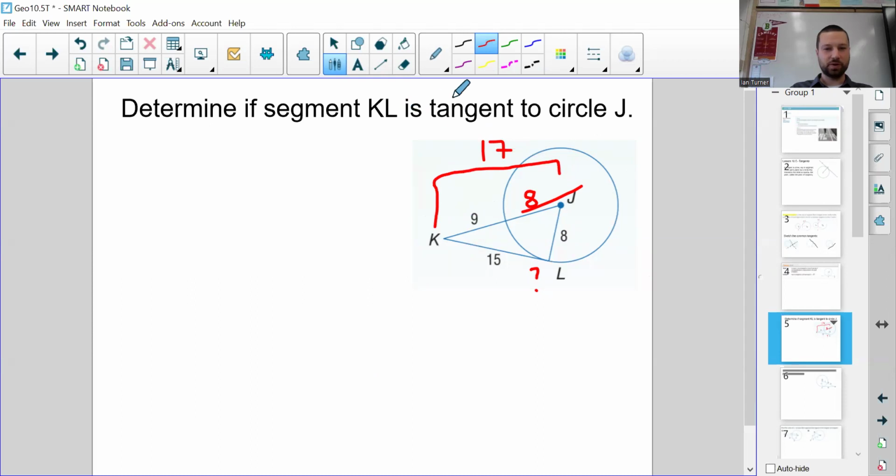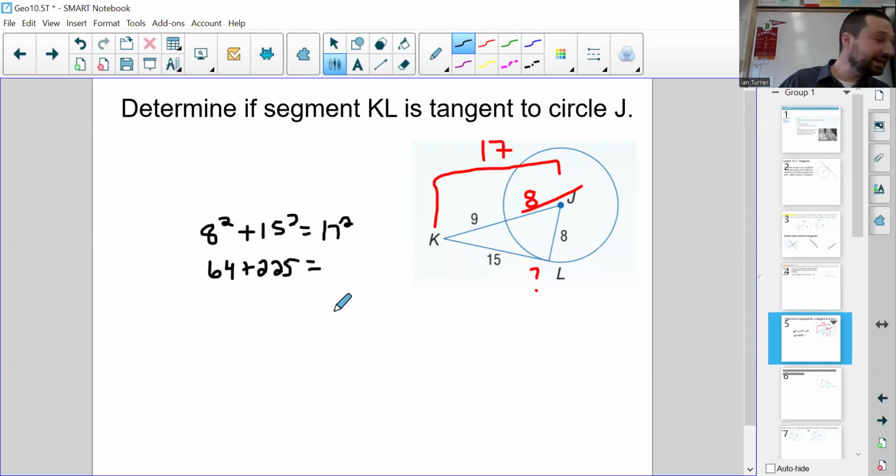All right, so now we do 8 squared plus 15 squared. Does that equal 17 squared? This is 64 plus 225. Is it 269? Calculator time. I think it's 269.